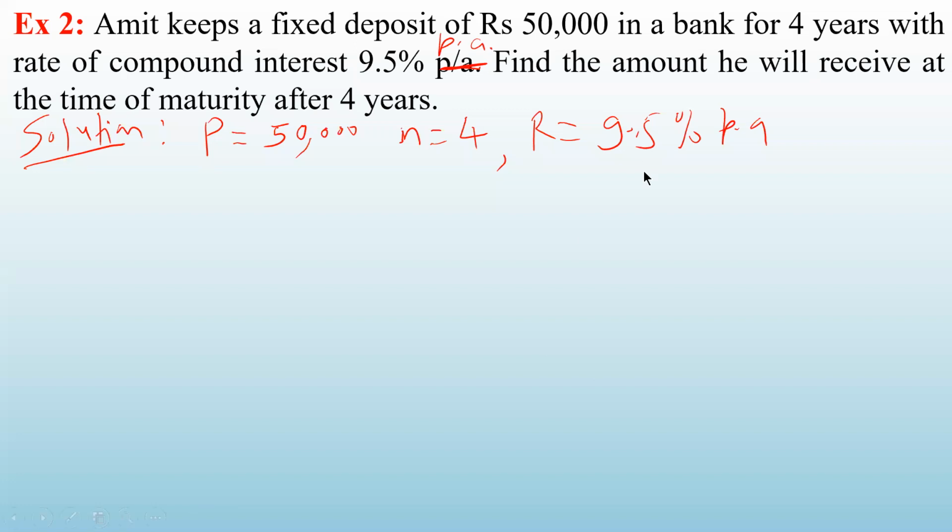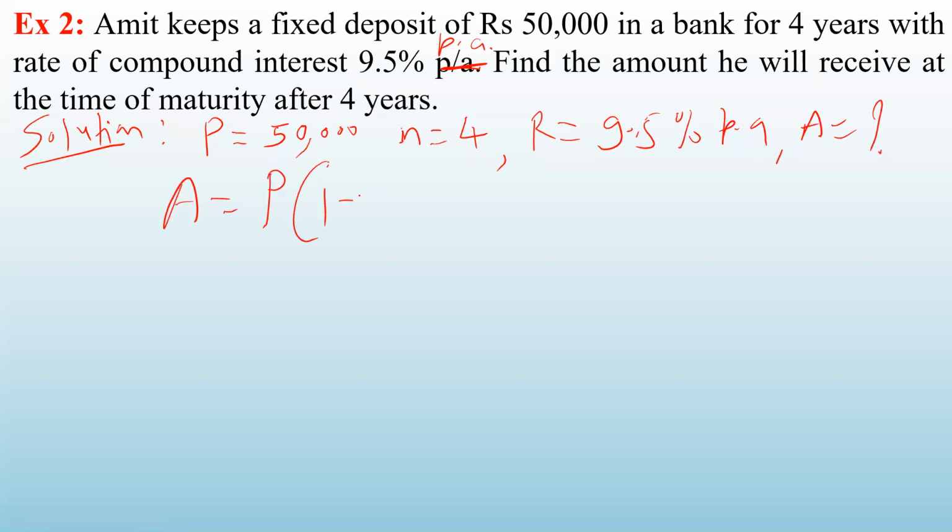So here the principal is 50,000 and it is kept for 4 years. So N is 4 and the rate of interest is 9.5%. What you have to find out here? Find the amount he will receive at the time of maturity after 4 years.